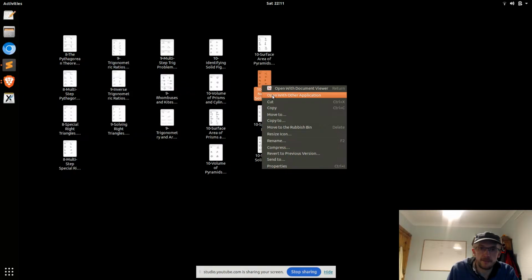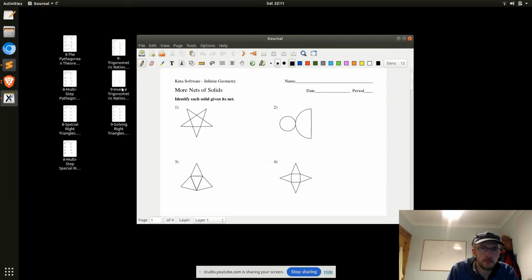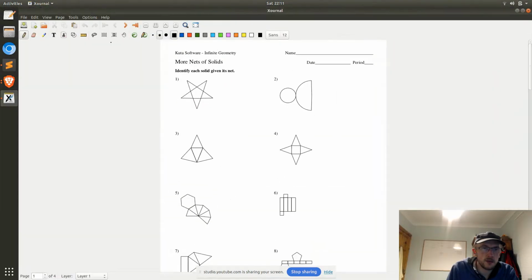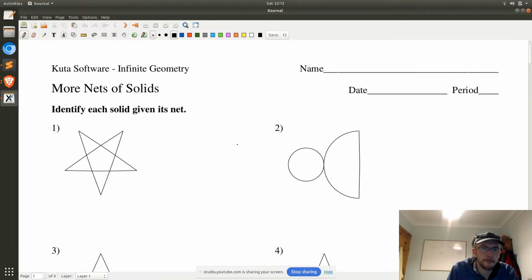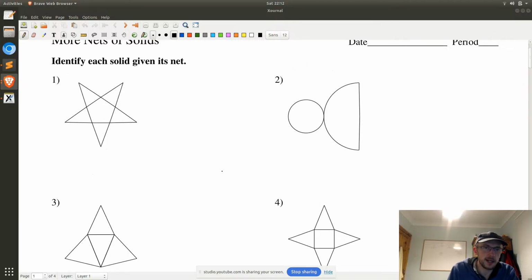Who's next? Now we will look at nets of solids. Identify each solid given its net.